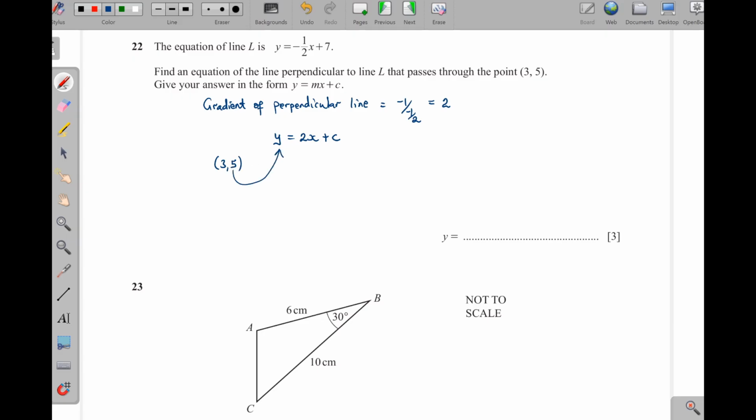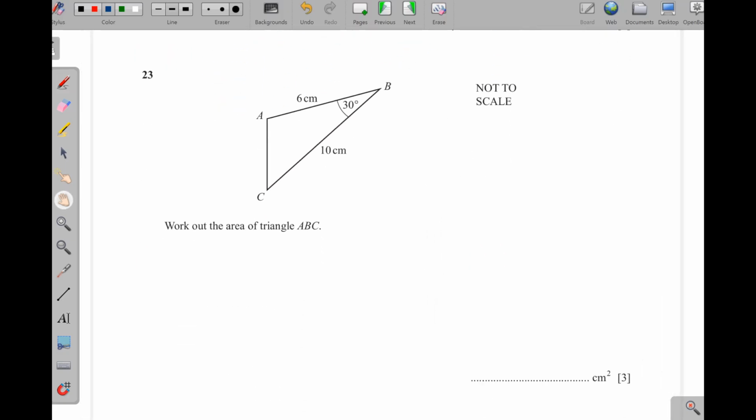So our y is a 5, and our x is a 3. So 5 equals 6 plus c. Take this one this side, which will be a -6, and your c becomes a -1. So the equation of the line is going to be y is equal to 2x minus 1.